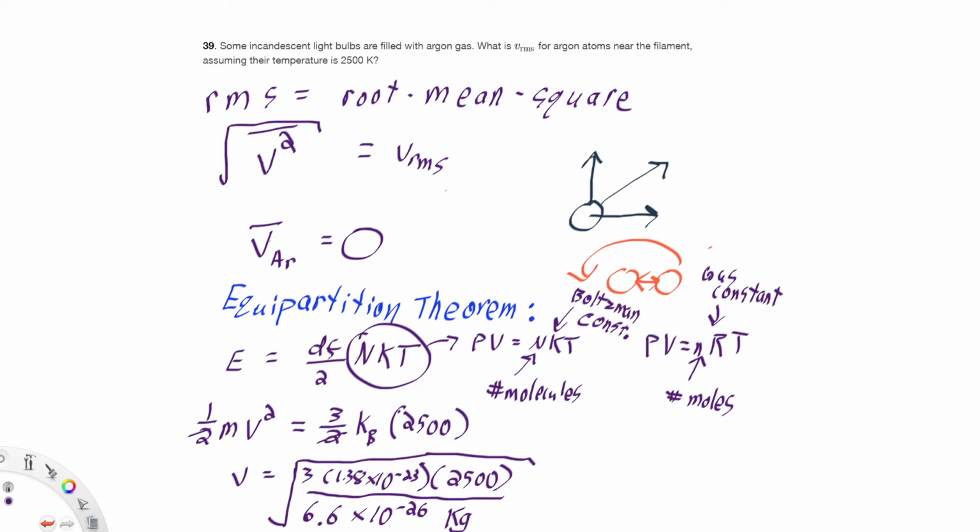We always want number of particles, kilograms, Kelvin, and joules. Oh, so when doing vRMS, when I want to find the mass, I should always convert from AMU to kilograms. Yes. Okay, awesome.